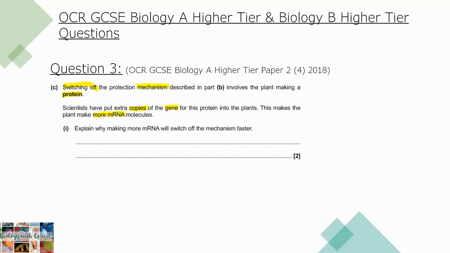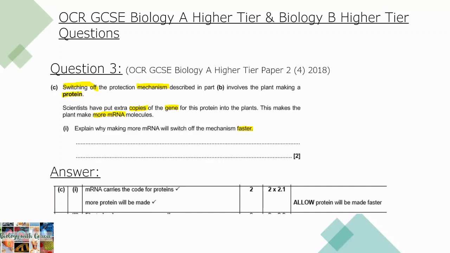And then it says, explain why making more mRNA will switch off the mechanism faster. So we know that mRNA is a copy of the gene code, and it is translated in order to make our protein. So therefore, our answer is going to be that mRNA carries the code for proteins, and therefore more protein will be made.